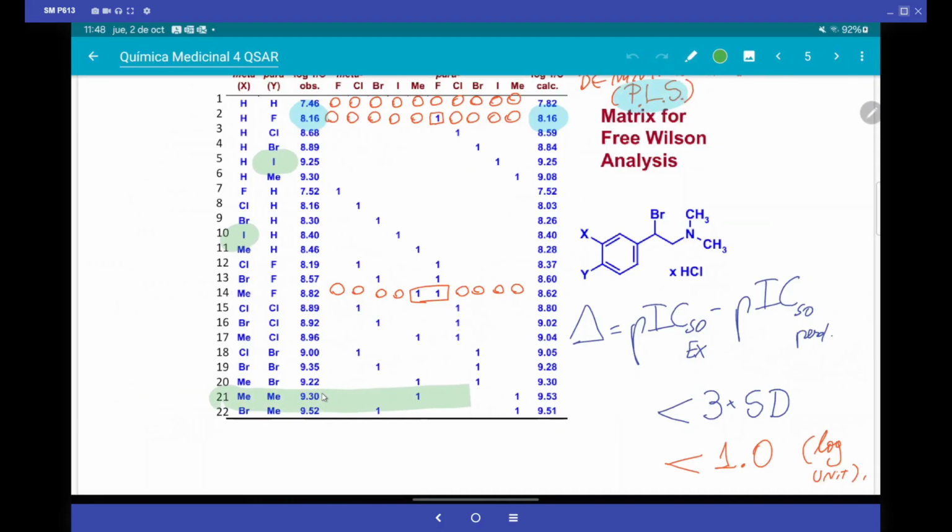Here, then, we are going to calculate the residual for compound 21. The residual would be the experimental activity, the observed activity 9.3 exactly, minus 0.23.